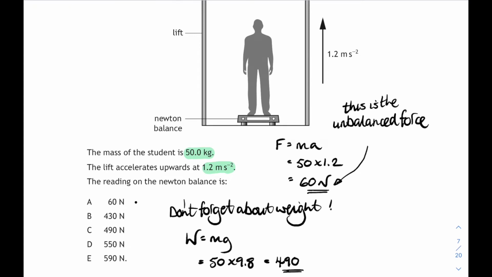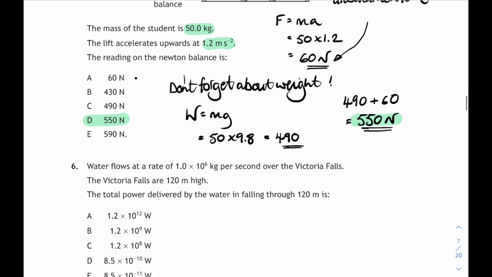So that would be his weight when he was at rest, and so therefore we have to add on the unbalanced force that's producing the acceleration, and we'll get a total reading on the Newton balance of 550 newtons. That's answer D. Moving on then, question 6.